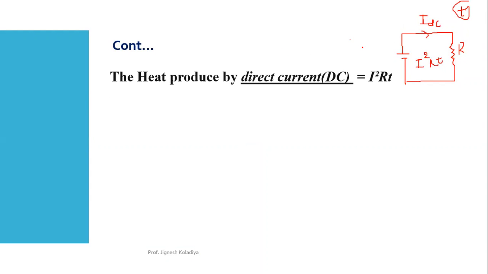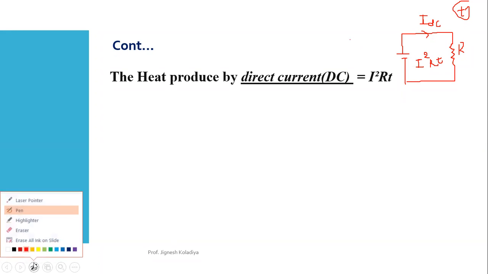The resistance is R, the total time period is T, and the current which is passing is, let us say, I. So current I is flowing, that is DC, up to T time through this resistance R. How much heat is going to be generated? I square RT. So the heat produced by direct current is I square RT.